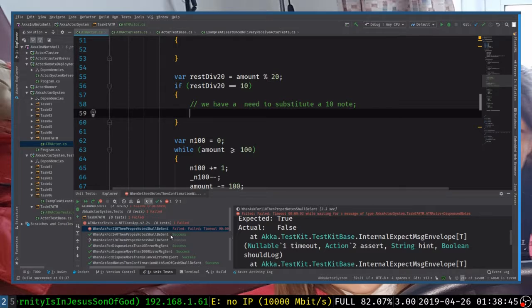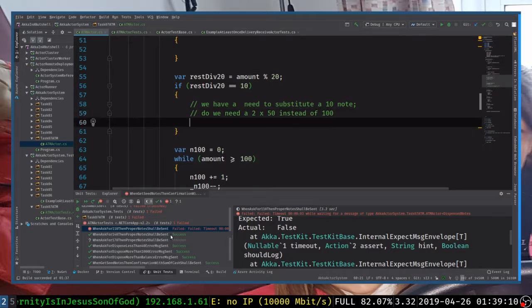So do we need 50 taken from 2 times 50 instead of, how can we check that?